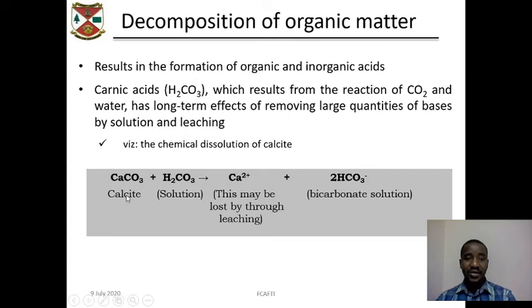Okay, so calcium carbonate, in soil fertility we call it calcite, but in chemistry they call it calcium carbonate. So in soils we call it calcite. It will react with carbonic acid in soil solution to produce calcium plus two molecules of bicarbonate.